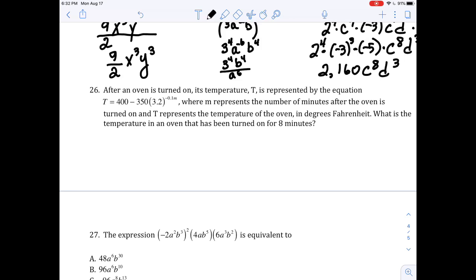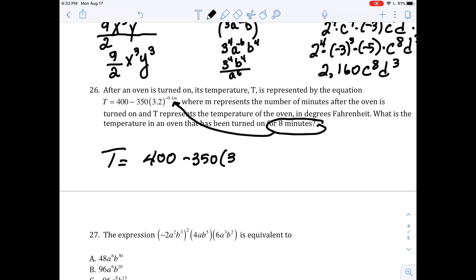What's the temperature in the oven after it's been turned on for 8 minutes? So we're going to take that 8 minutes, and we're going to substitute it in right there. So that's going to be T equals 400 minus 350 times 3.2 raised to the negative 0.1 times 8 minutes.